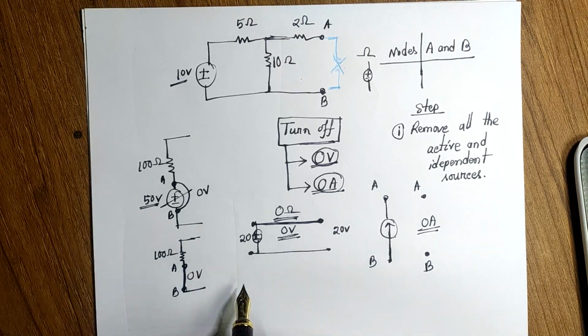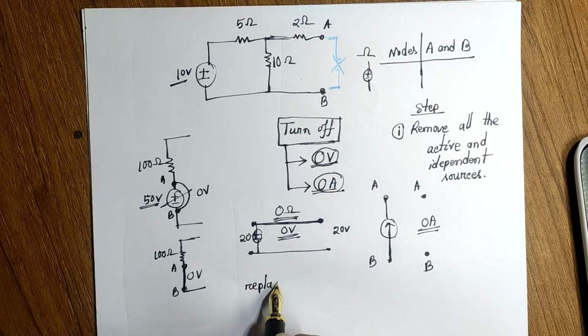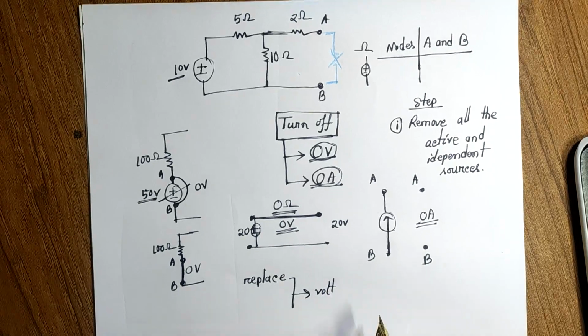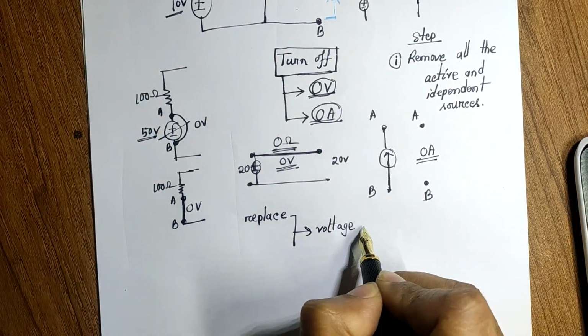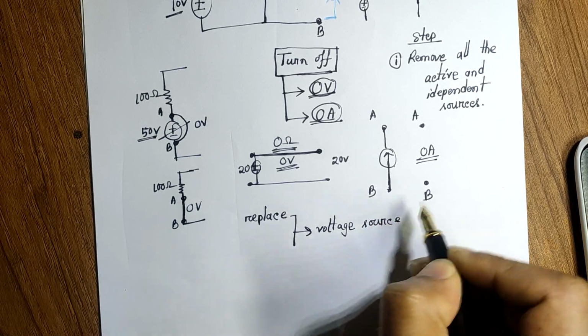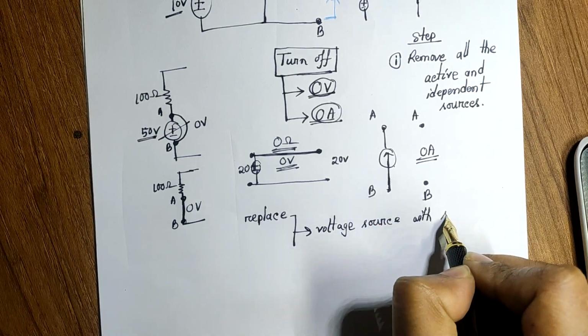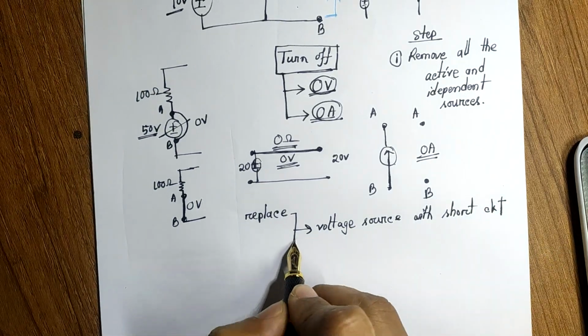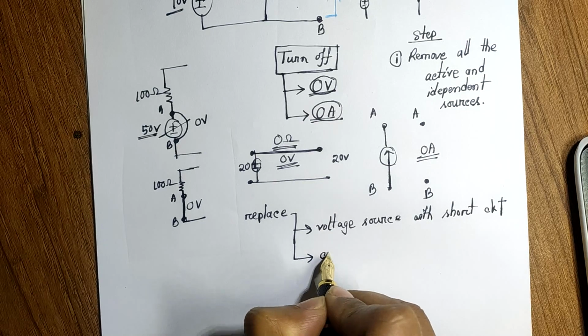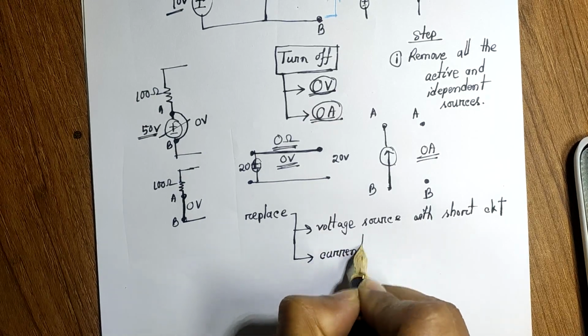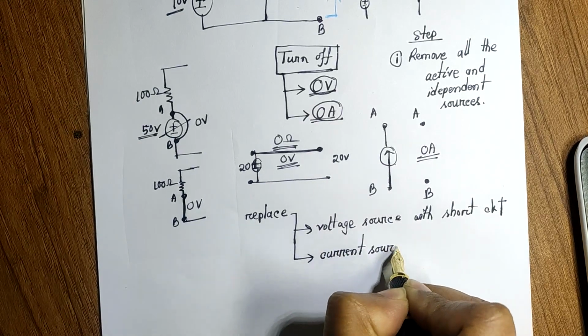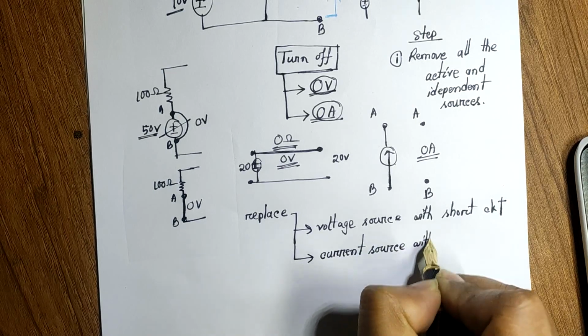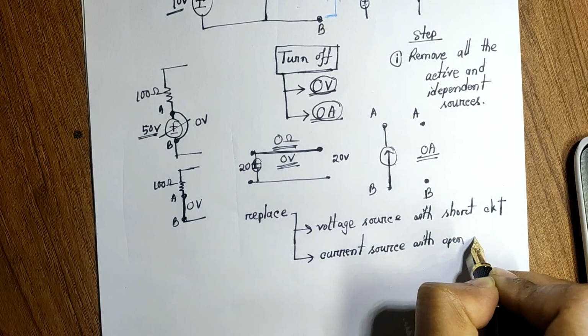So all you need to do is replace something. And what to replace? Replace a voltage source with a short circuit, and replace a current source with an open circuit.